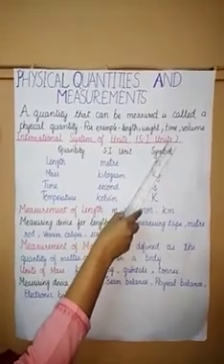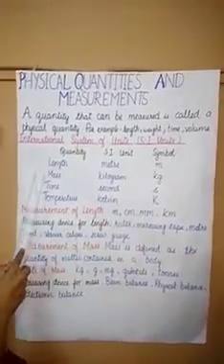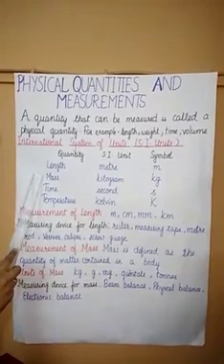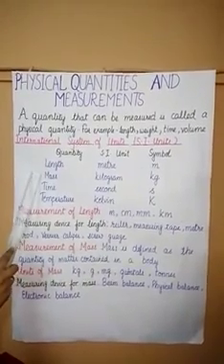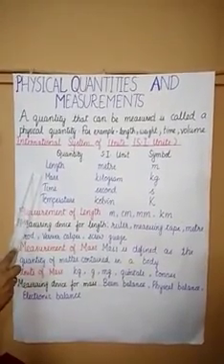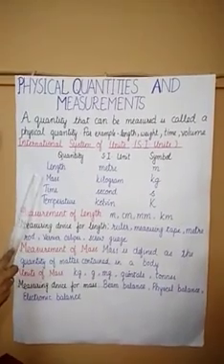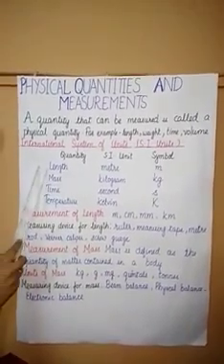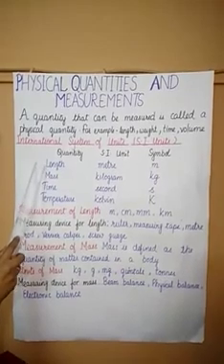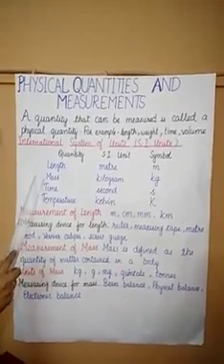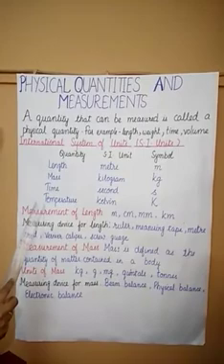The SI system defines the units of 7 quantities. These 7 quantities are called the base quantities or fundamental quantities. But in this chapter, we'll only study 4 quantities, and these quantities are length, mass, time and temperature.